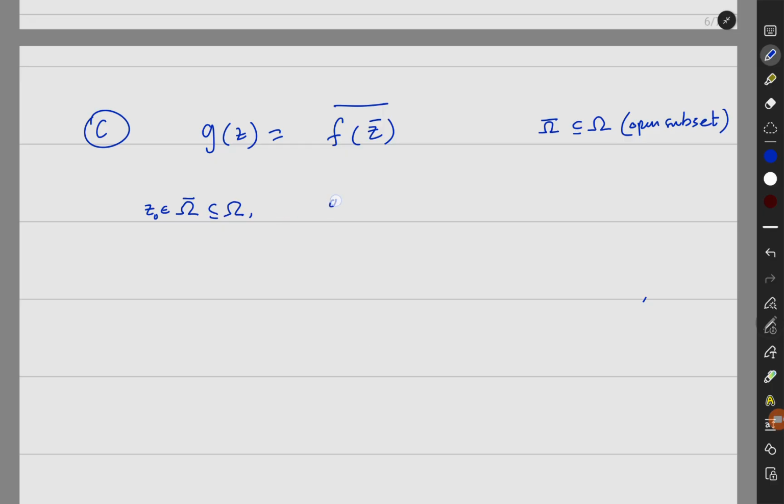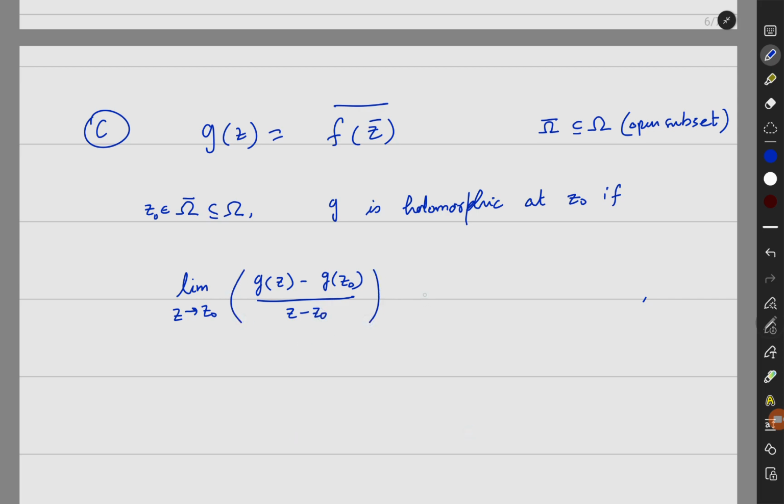So we say G is analytic or holomorphic or differentiable at z naught if the limit z tending to z naught of G of z minus G of z naught divided by z minus z naught exists in the complex plane.